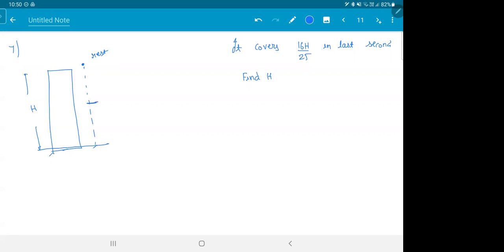So in 1 second, you're covering 16h by 25. How much is this then? 9h by 25 in t minus 1 seconds, no? So that is minus 9h by 25. You're covering in minus half g (t minus 1) square. Makes sense? S is ut plus half at square, u is 0. I'm using this equation. And for the full building, minus h is minus half g t square.